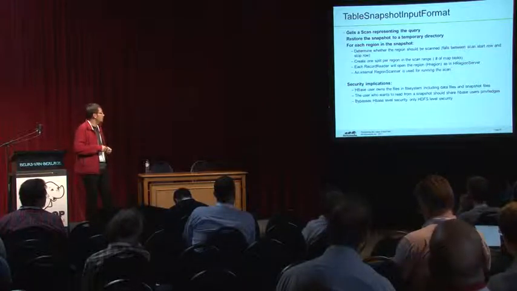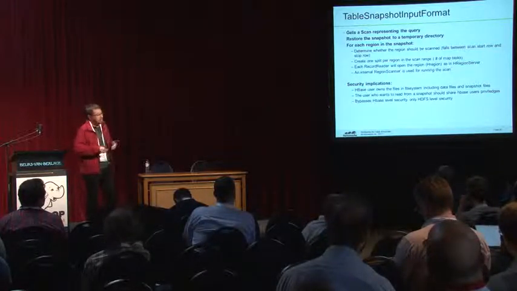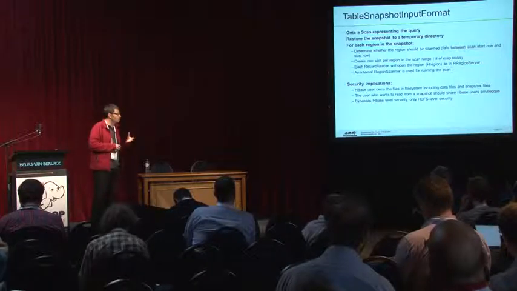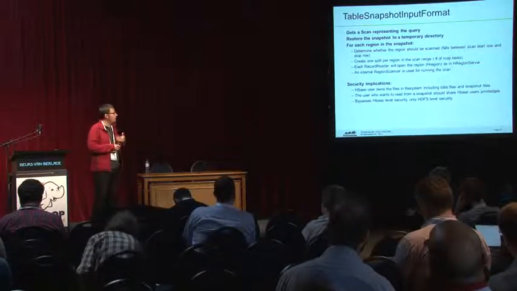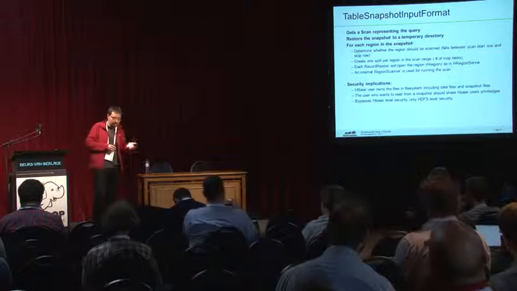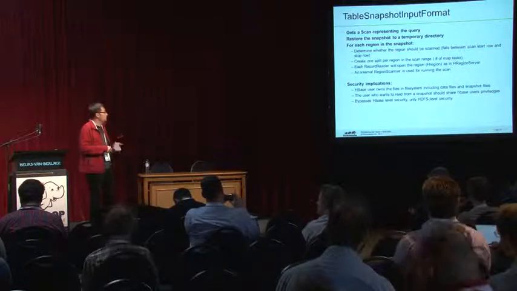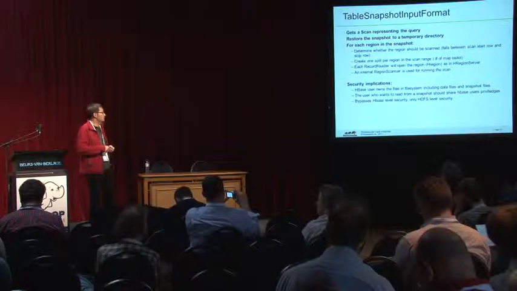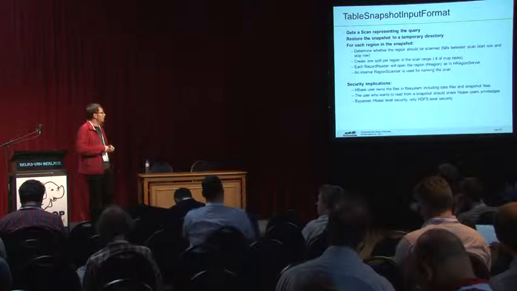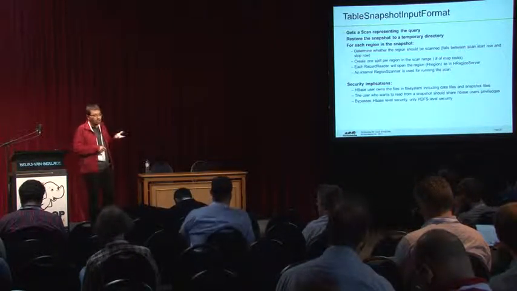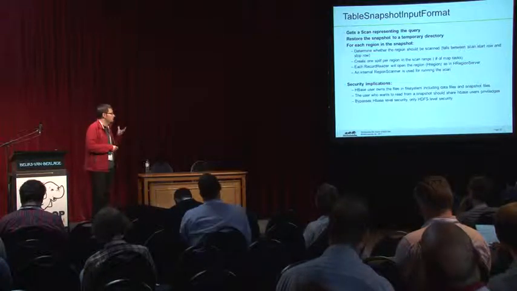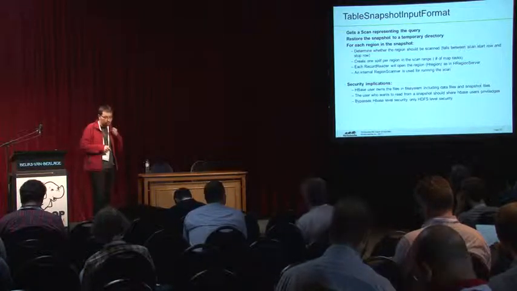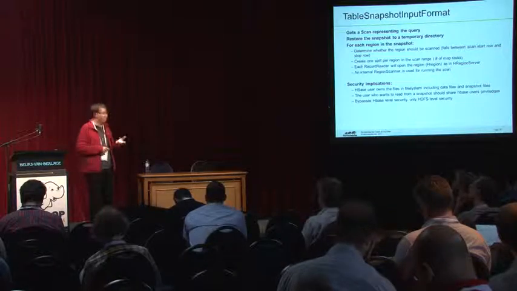Then for each region in the snapshot, we determine whether the scan sees this region or not, and then we create an input split for this region, and each record reader just opens the region in its memory and does a regular scan over that region.